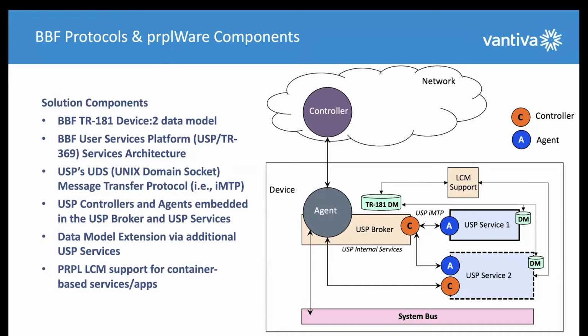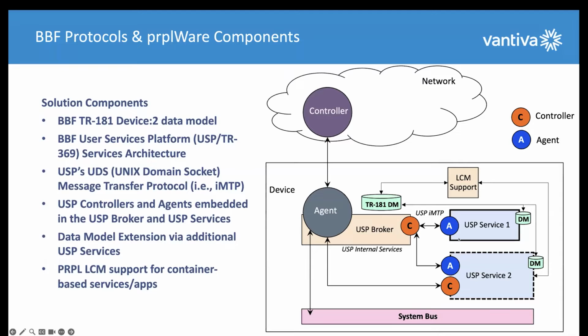So our USP agent is now going to be promoted into what we call a USP broker. That USP broker still has the agent on it. That agent can be used for communications outside of the device, but it also has a controller embedded in it. And that controller inside of it allows it to talk to agents inside the device.